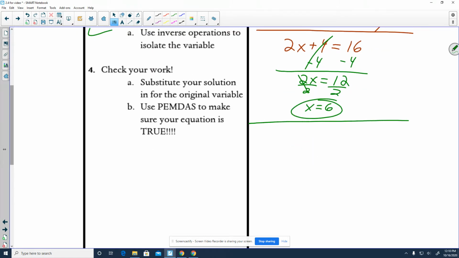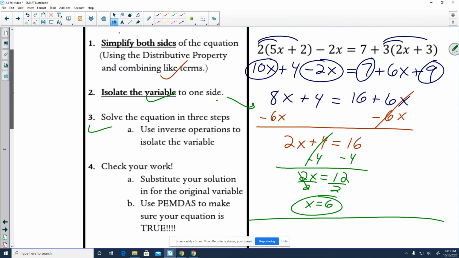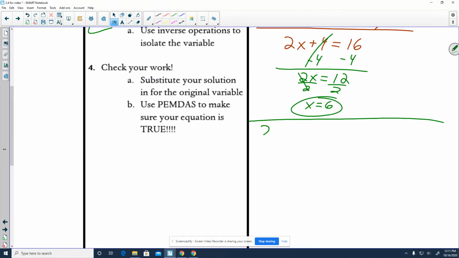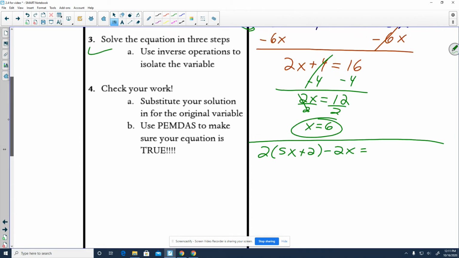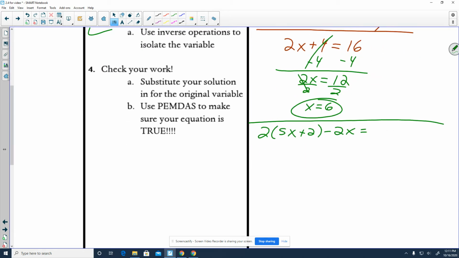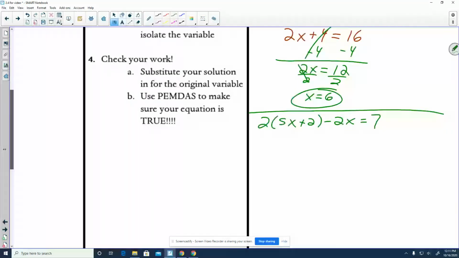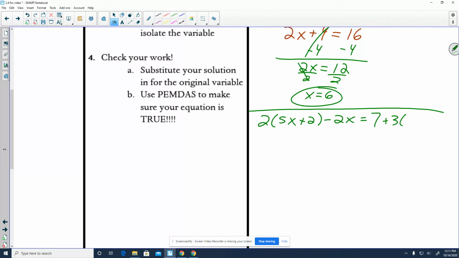Okay, so to check, we're going to take our 6, we're going to plug it in wherever we see an x. So let's copy down the original equation. 2 times 5x plus 2 minus 2x equals 7 plus 3 times 2x plus 3.